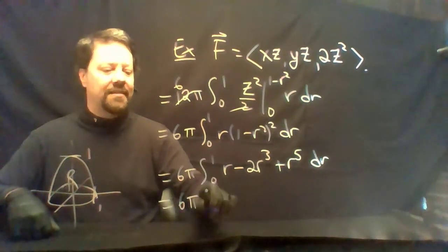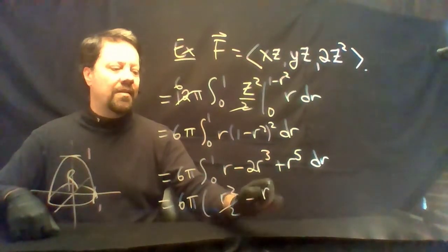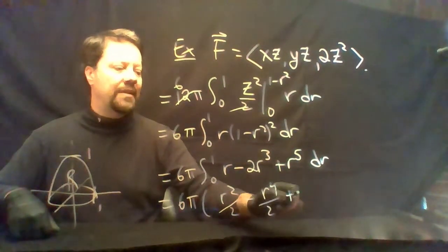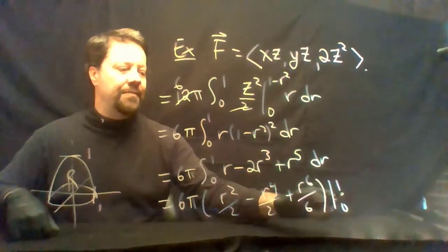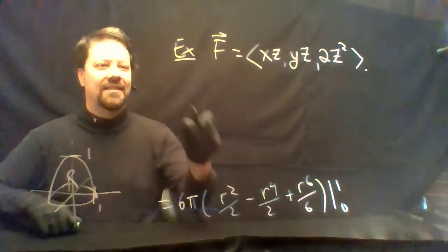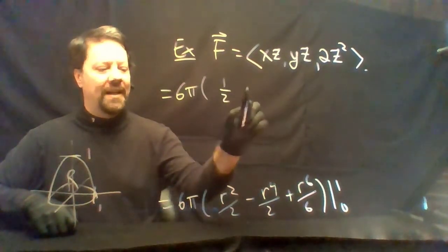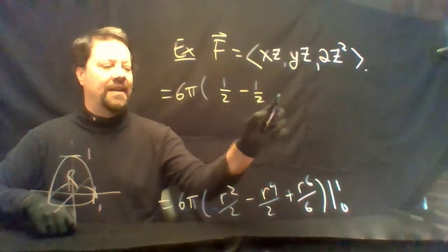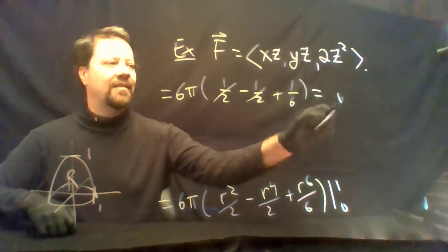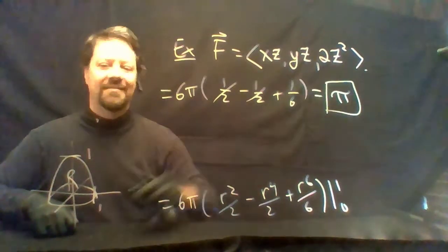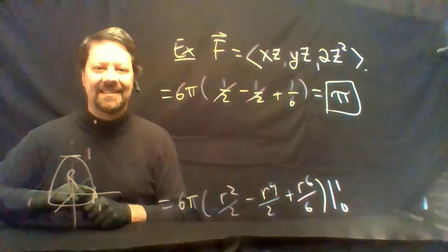That's 6 pi times r squared over 2 minus r to the 4th over 2 plus r to the 6th over 6, evaluated from 0 to 1. We get 6 pi times 1/2 minus 1/2 plus 1/6. The answer is pi.